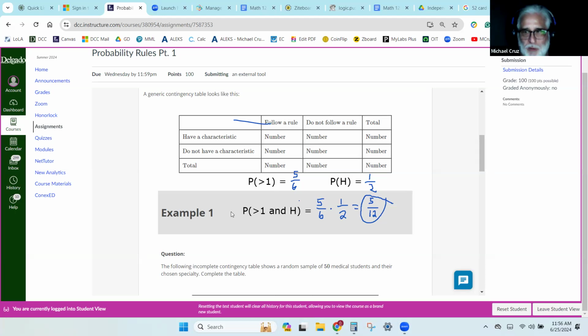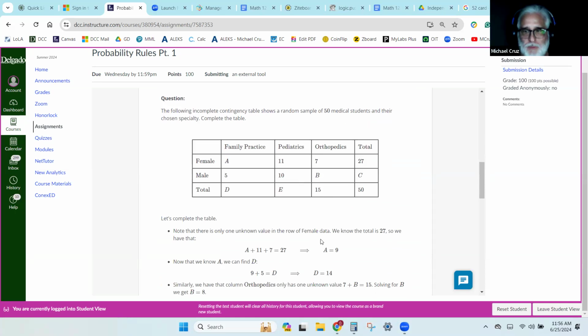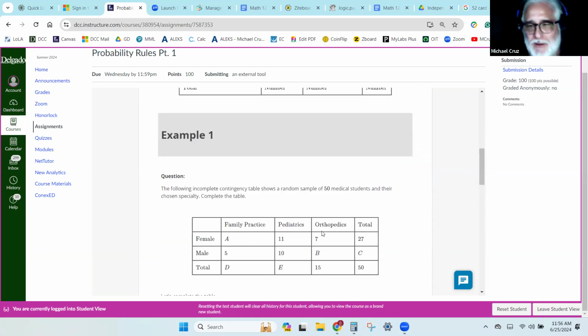And then there's going to be numbers in all of those, okay? They do have us complete some of them, but usually they've got some numbers missing. Let's see what they want us to do on this one. So what you've got to do is they want us to fill in the missing parts.